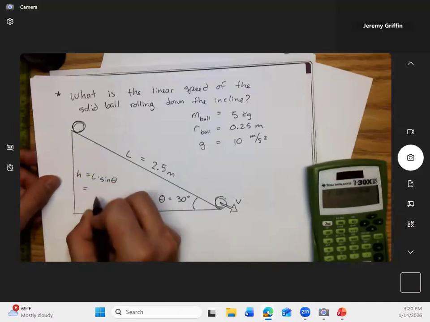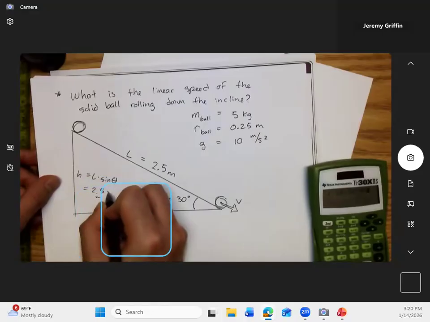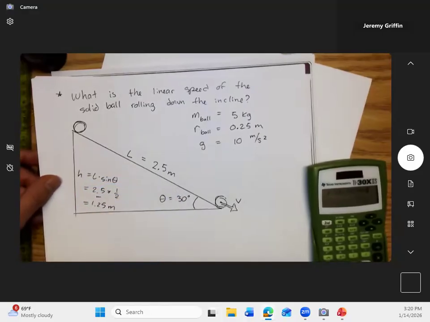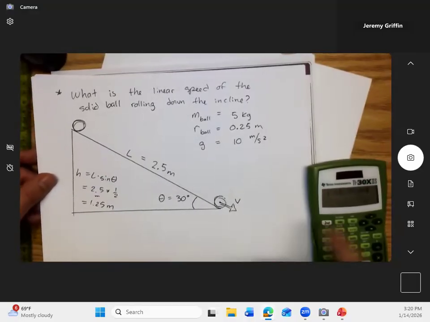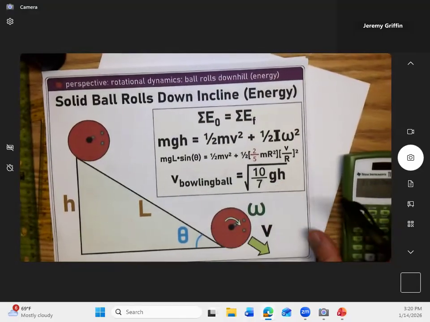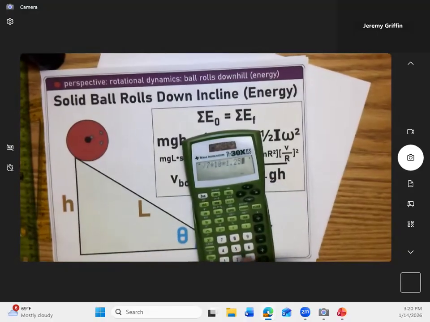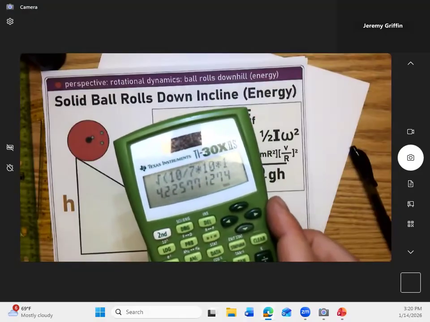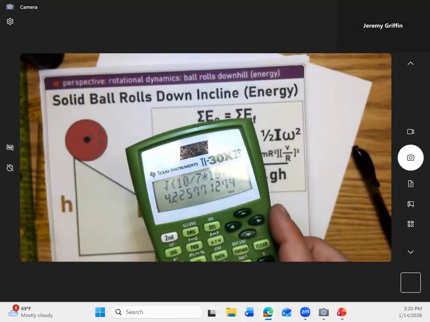So this is 2.5 meters times 1/2, or 1.25 meters, isn't it? Isn't that the height change? 1.25 meters. And that goes in right here. Bam. So times 1.25 here. And I should get the same number. There it is. It's the same thing. You see that?